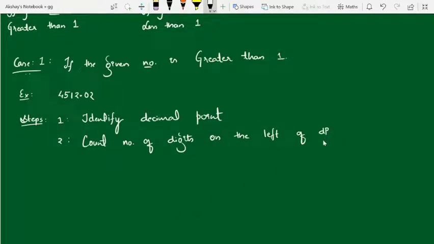DP means decimal point. And decrease the value by 1 unit, and the result is nothing but the characteristic.